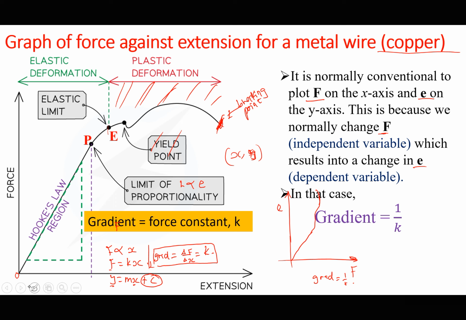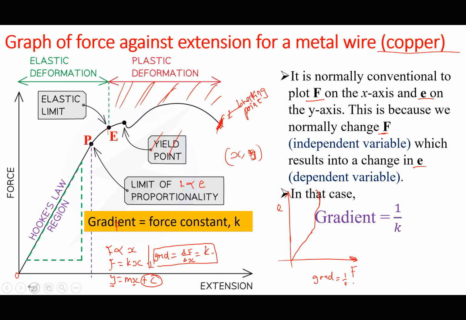Okay, so let us try to explain this graph first of all. For the section of the line from the origin to point P, where the line is a straight line, we say the extension is directly proportional to the load. And we are saying P is the proportionality limit.